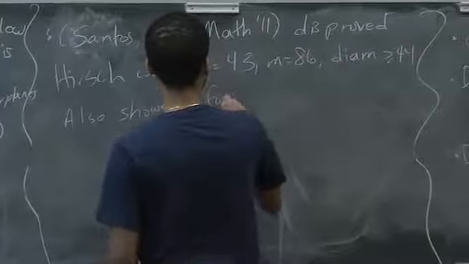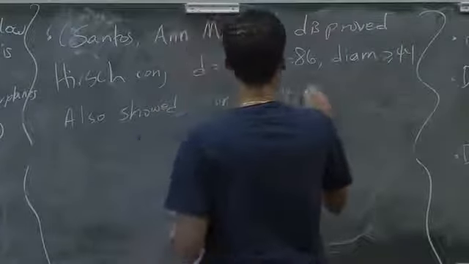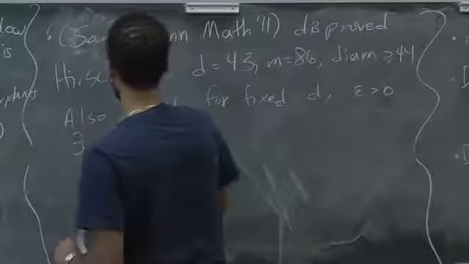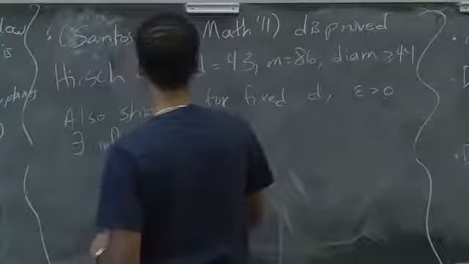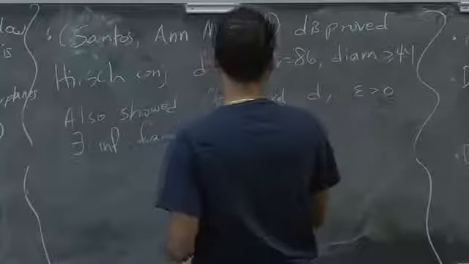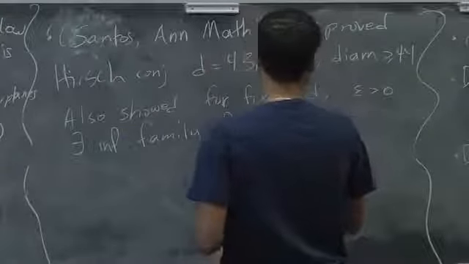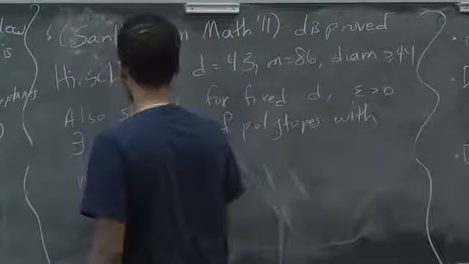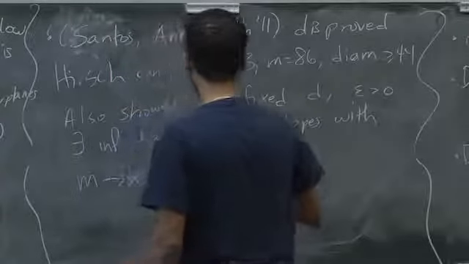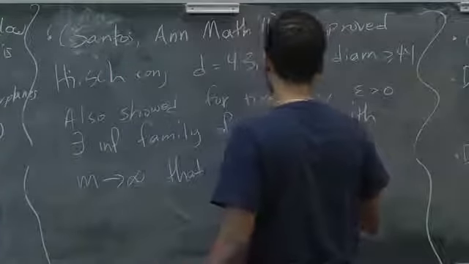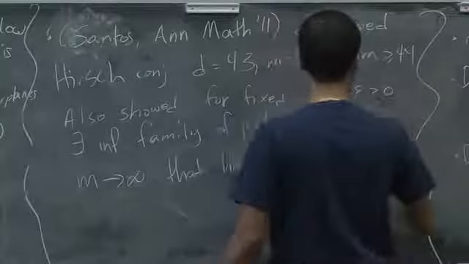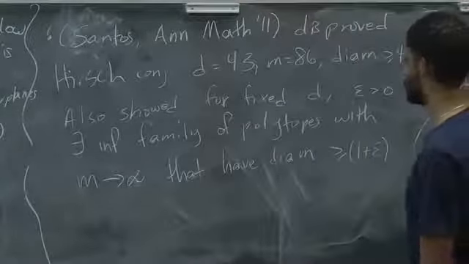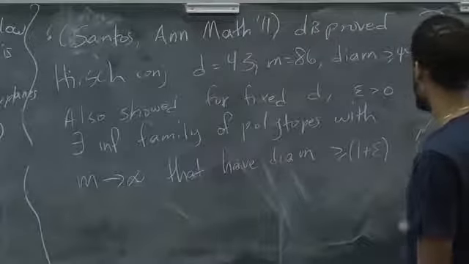for fixed d as well as an epsilon bigger than 0, there exists an infinite family of polytopes with m going to infinity that have diameter at least 1 plus epsilon times m.